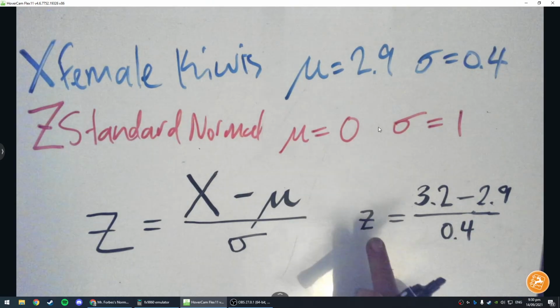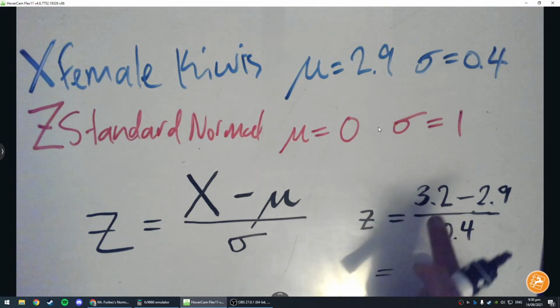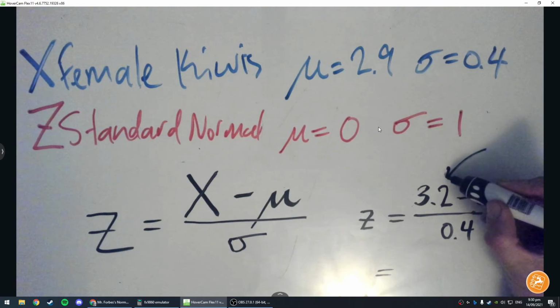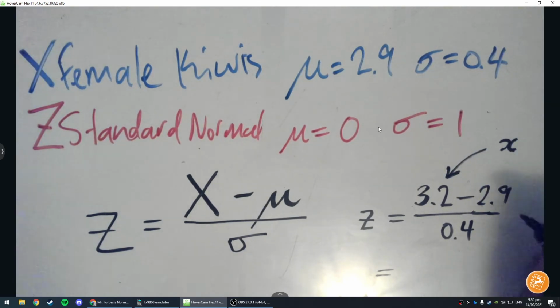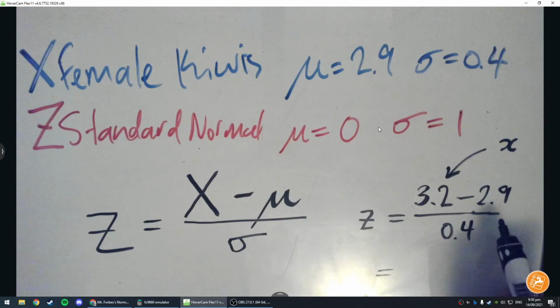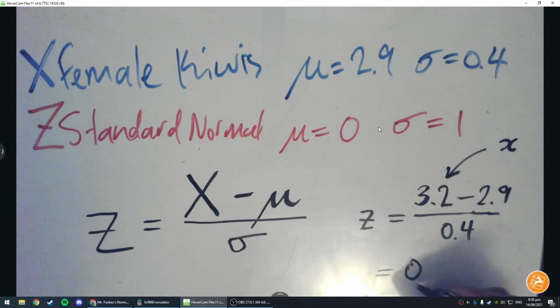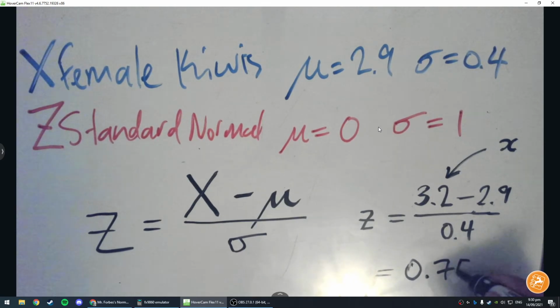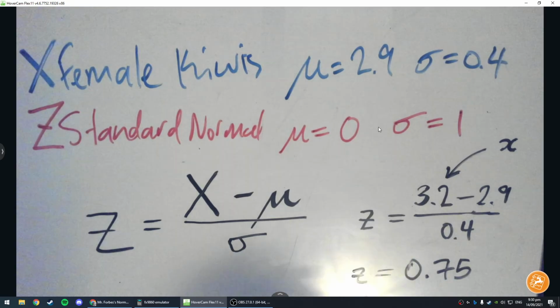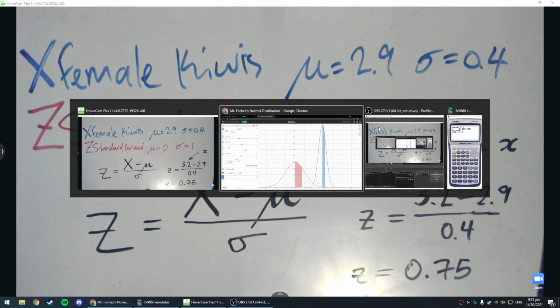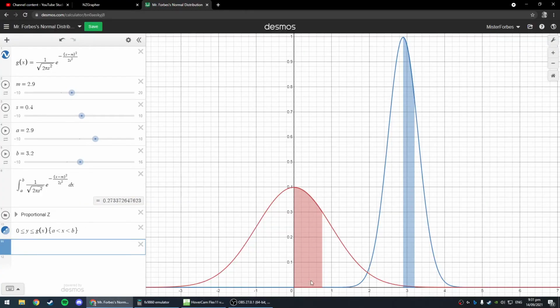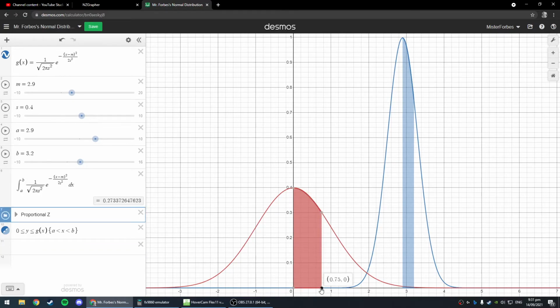So the z value that's equivalent to this x value is 3.2 minus 2.9, which is 0.3. 0.3 over 0.4 is 0.75. So now we have our little z value. Let's have a look at that. So see here, on the red, we would have got 0.75. So we transformed it, or normalized it.